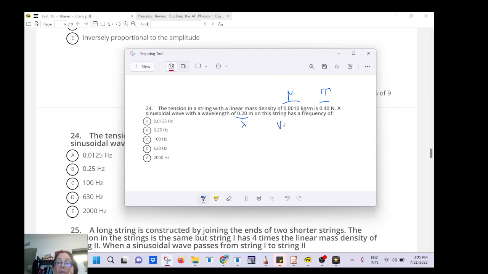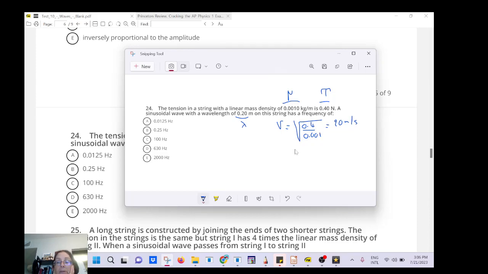Okay, so let's find the speed. So the speed is the square root of the tension, 0.4, divided by the mass per unit length. Okay, which turns out to be 20, because you take the square root of 400.